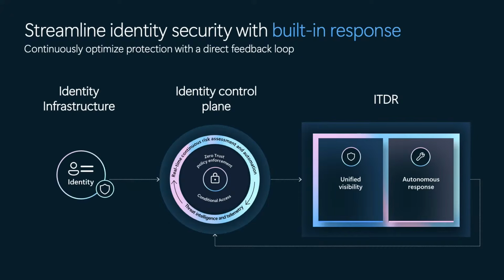But we also know that organizations are not that simple. You may have third-party identity infrastructure, you may have PAM, IGA providers, or you may be utilizing third-party SaaS applications. We want to bring all of that together for both the identity and SOC teams, but specifically in this case, for the SOC teams to get a holistic picture and then be able to make decisions based off of that.